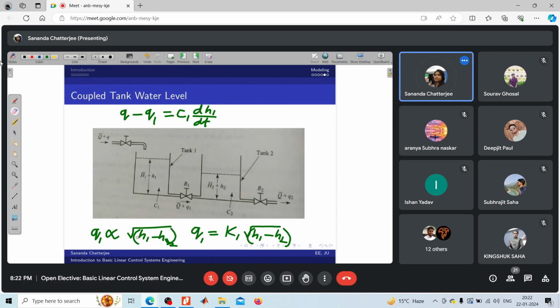Sorry, there will be a little bit of correction. This should be root over some constant K1, because this will depend on the pressure difference. So this will be K1 root over H1 minus H2.